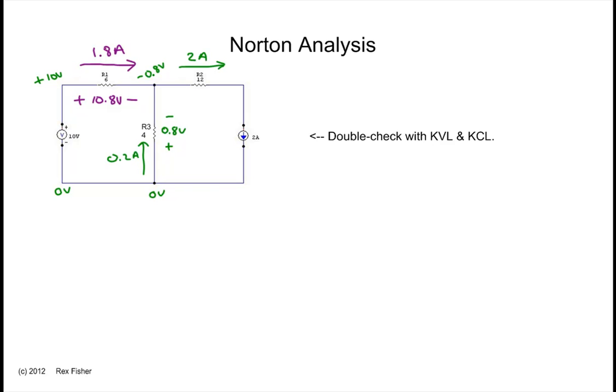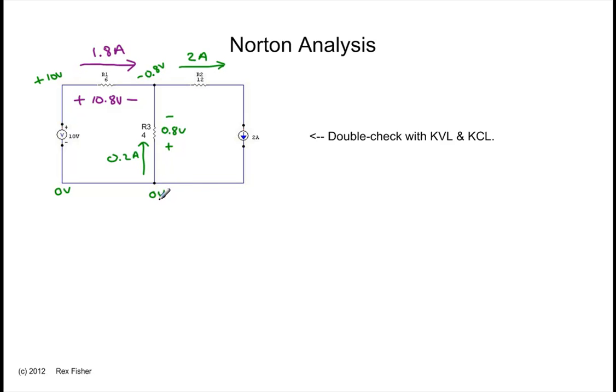We can check our answer by using Kirchhoff's voltage law and current law. If this is 0 volts, then that's 10. If we drop 10.8 volts, that's a minus 0.8 volts.